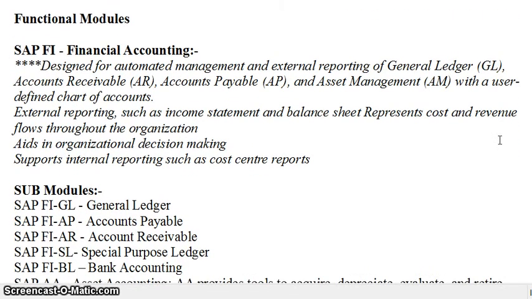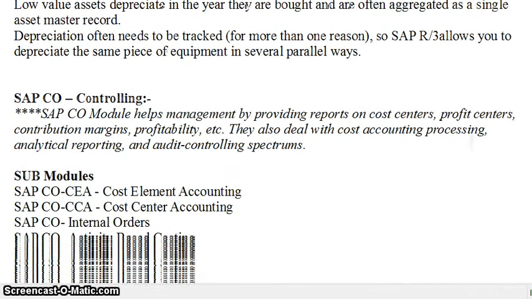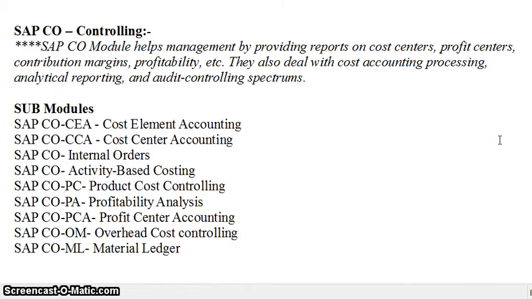So you have your functional modules, which your financial accounting, that's where the finances is performed in SAP, and that has submodules in it as well. You've got your controlling module, and that goes along with the finance module hand in hand, and they quite often call it FICO, F-I-C-O.